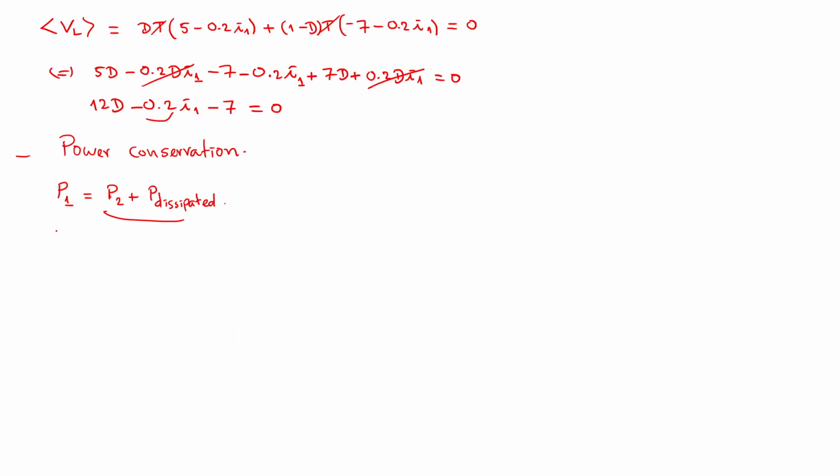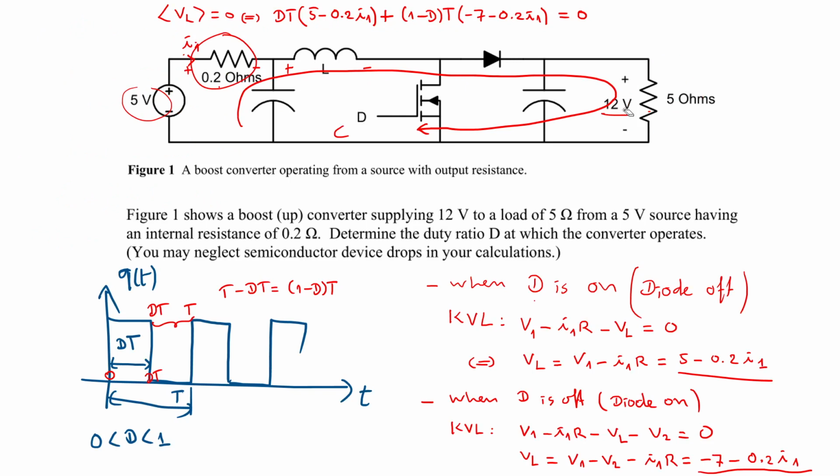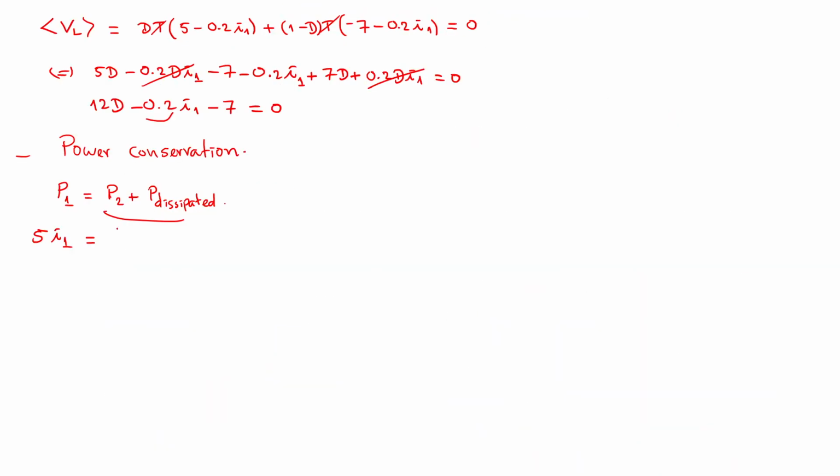So the power, you have 5 times I1 here. How about P2? P2 here you have voltage and resistance. What is the formulation of power? 12 squared over 5.